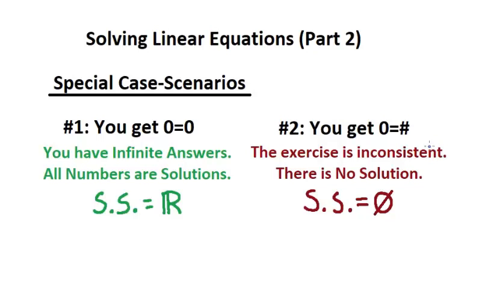Like the exercise itself is inconsistent, it makes no sense, so there is no solution. That's the way math has to tell you something has no answer. So the way to explain that is by writing S dot equals and the symbol which means empty. This is not a 0, this is the symbol empty. So those are the two case scenarios that you might find sometimes.